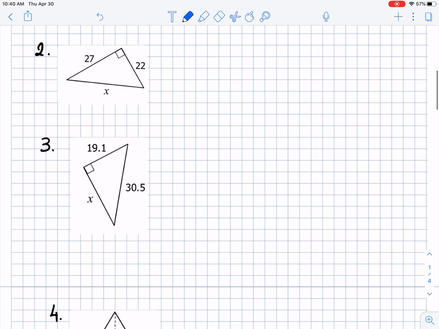Number two, we have another right triangle, and get in the habit of drawing an arrow from the 90-degree angle, the right angle, to identify the hypotenuse, which is C, and then the other two are A and B. So a squared plus b squared equals c squared, and then a is 27 squared, b is 22 squared, and c is x squared.